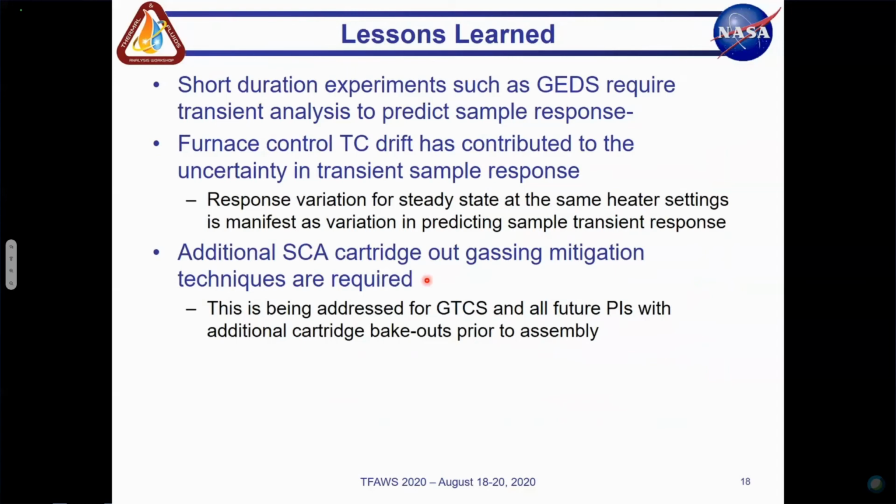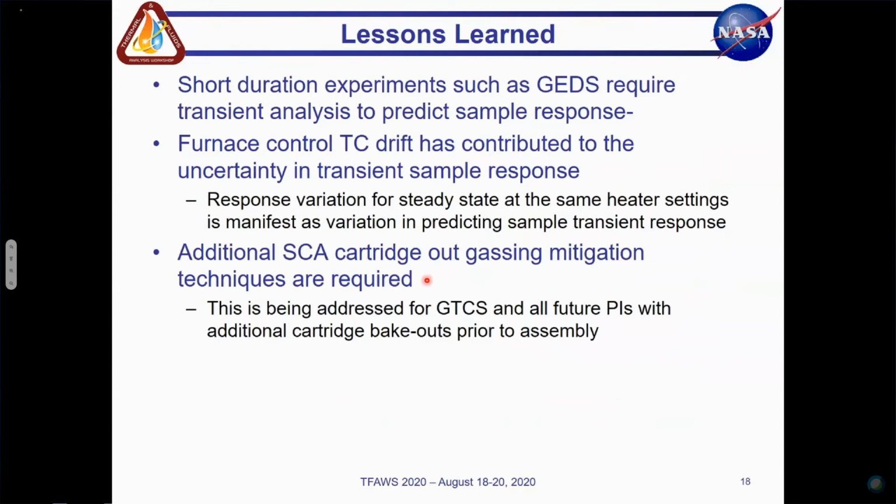Furnace control TC drift has contributed to uncertainty in the transient response analysis. The response variation for steady state, the same heater settings, is manifest as variation predicting sample transient response.